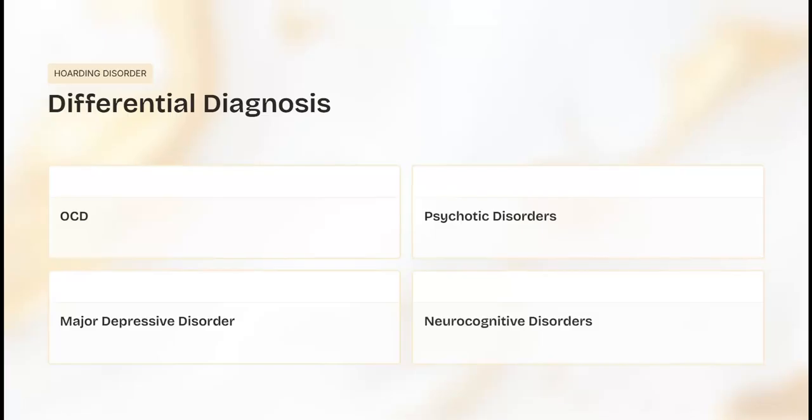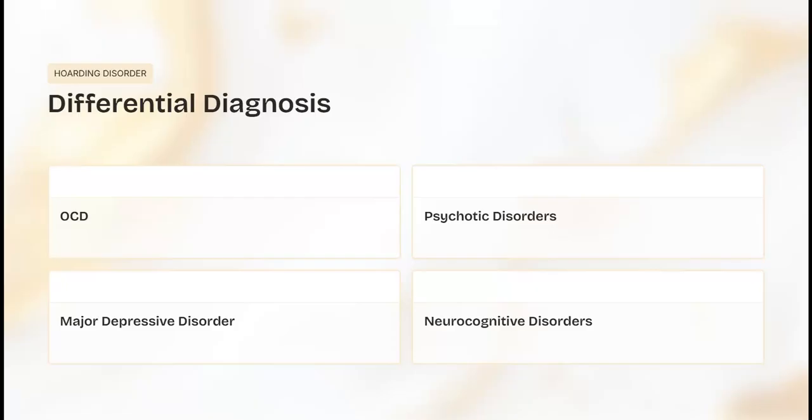Some differentials, of course, OCD. So you want to differentiate it from OCD, where hoarding may be driven by obsessions or compulsions, and the hoarding is ego dystonic. In psychotic disorders, that accumulation may be driven by delusional beliefs about their possessions.